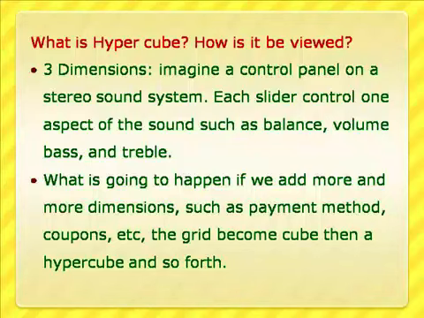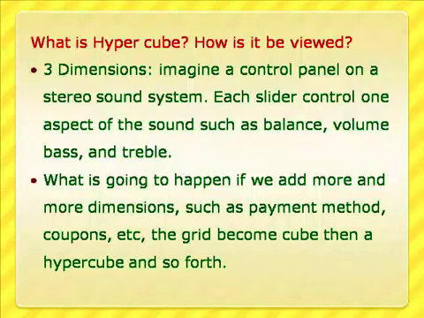If you use the sound system, each slider controls one aspect of the sound, such as balance, volume, bass, and treble. All these are knobs which can be controlled. You can adjust the parameter values. In a similar way, if you have more than 3 dimensions, you can map this higher dimensional data into a two-dimensional grid in this manner.